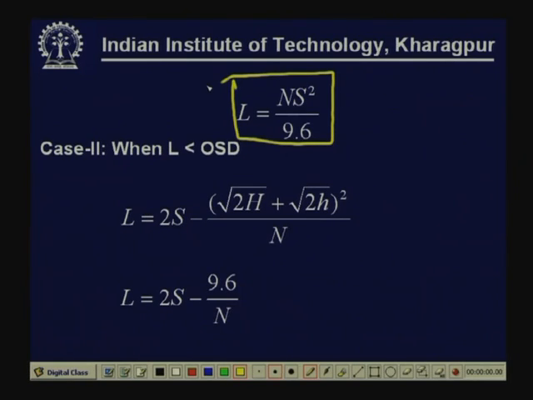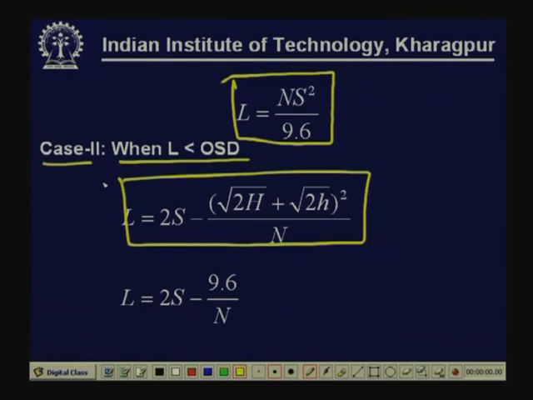Similarly, for case 2, when L is less than OSD, again the basic formula is the same. We put the value of capital H as 1.2 meter, small h also as 1.2 meter, we get this expression: L equal to 2S minus 9.6 by N.